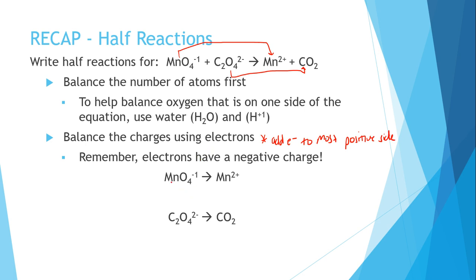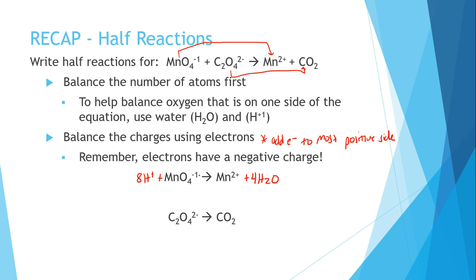Here we have one manganese, but I have 4 oxygens on the left. So in order to balance this, I'm going to put 4 oxygens on the right. Now I need to balance my hydrogens. Here you're going to see I have 8 hydrogens, so I'm going to add 8 hydrogens to the left. Once you balance out your atoms, we need to make sure that we balance out our charges.